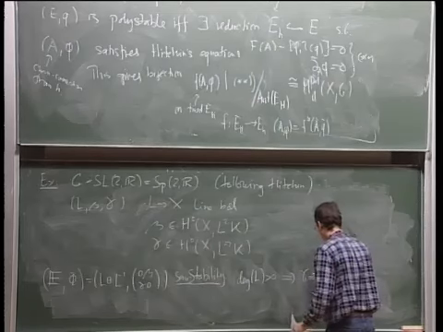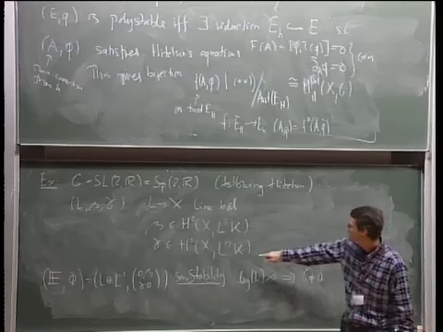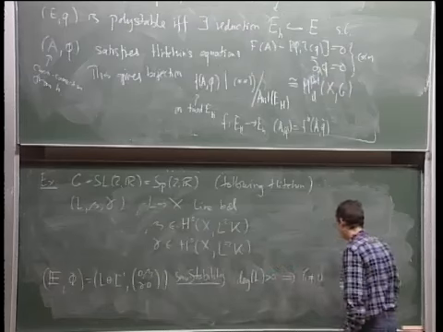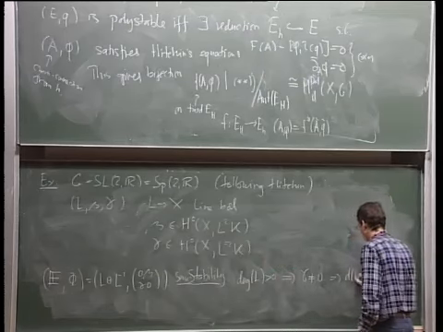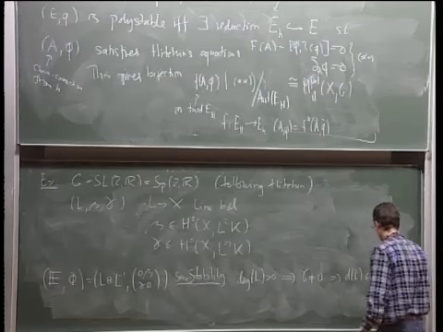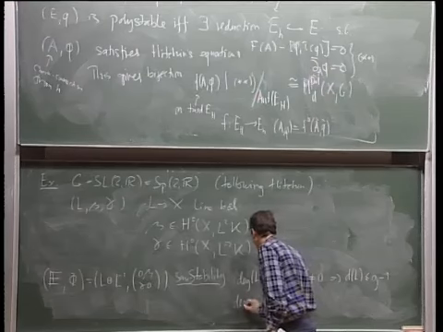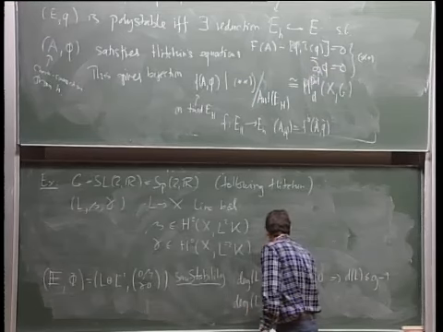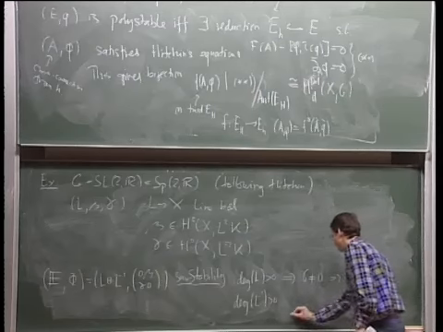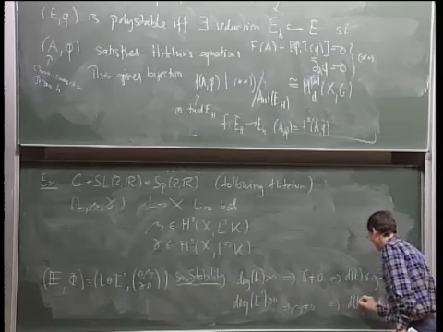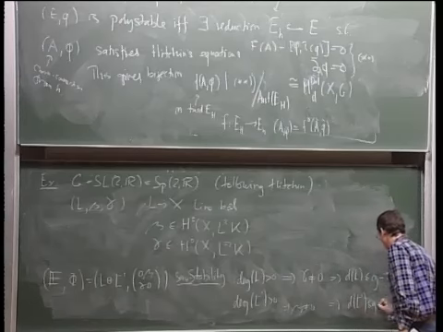So that implies that gamma is non-zero. But if gamma is non-zero, then certainly the degree of L has to be less than or equal to half the degree of K. So that implies that the degree of L is less than or equal to g minus 1. And similarly for L minus 1, with beta different from 0, we get the degree of L inverse less than or equal to g minus 1.